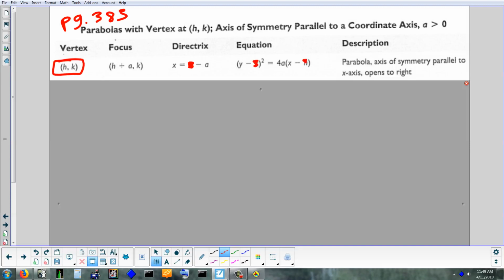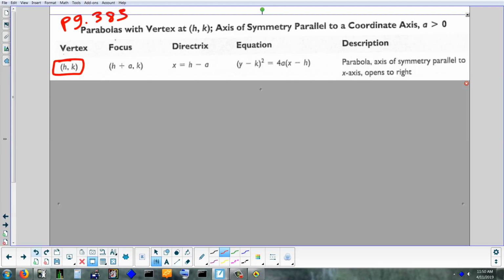Pretend k and h didn't exist. y squared equals 4ax. That's exactly what we had in the simpler chart. So basically, you've been doing this chart all along. It's just that the vertex was always 0, 0. Well, if you fill in a 0 for k and a 0 for h, you don't even need them. Now they might not be zeros.